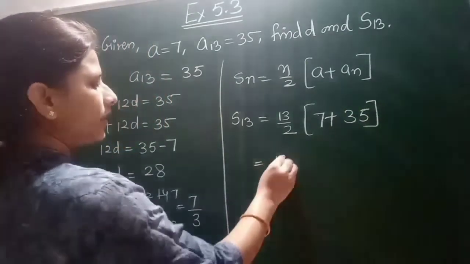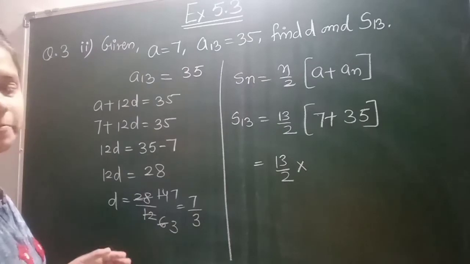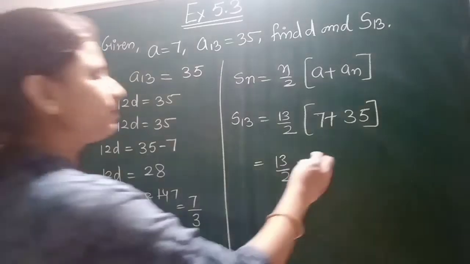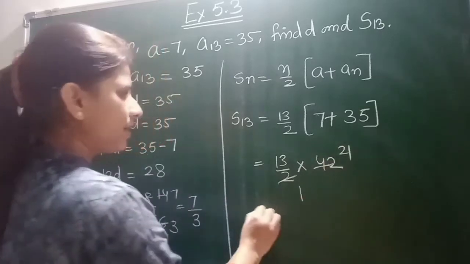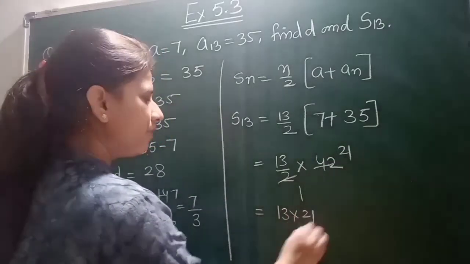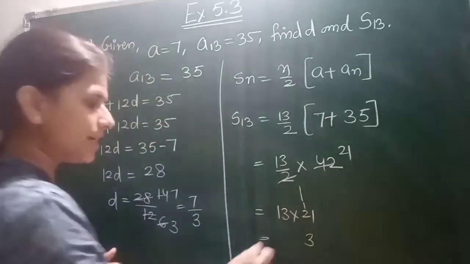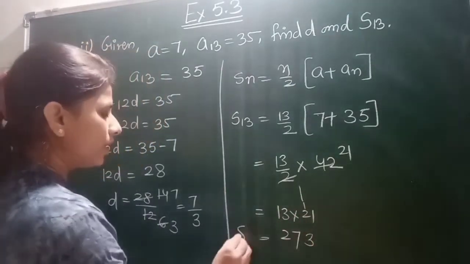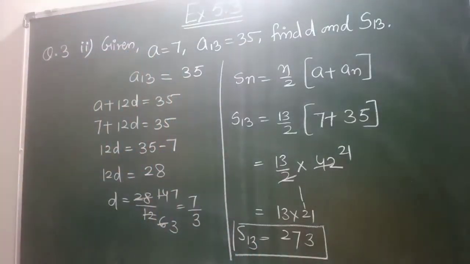Okay students, 13 by 2 and 35 plus 7, what will we get? 42. Now cancel this. 13 into 21. 13 ones are 13, 1 carry, 13 twos are 26, and so the sum of the first 13 terms will be 273.